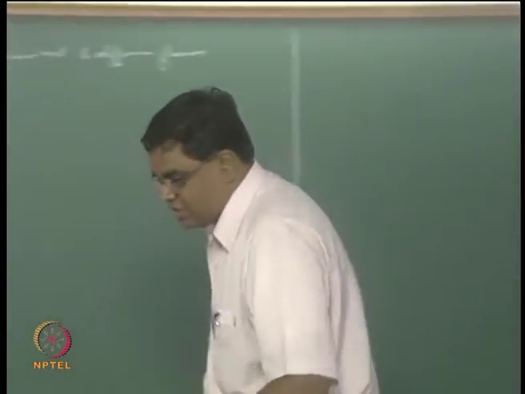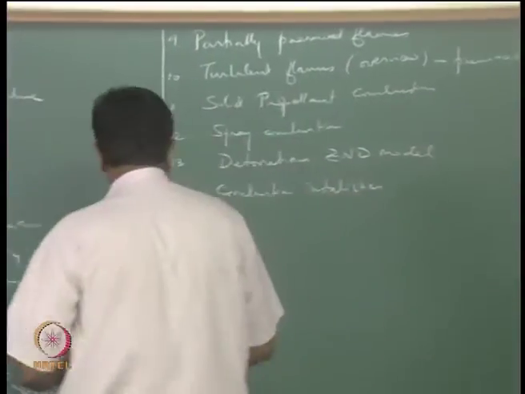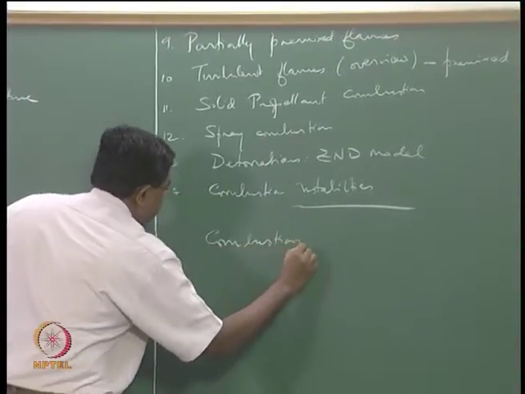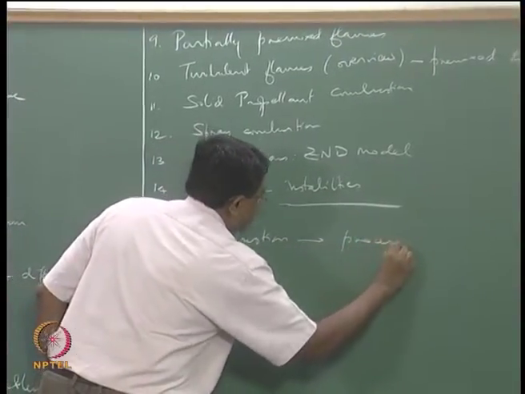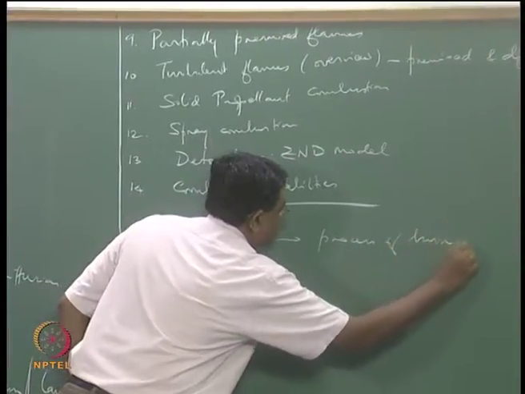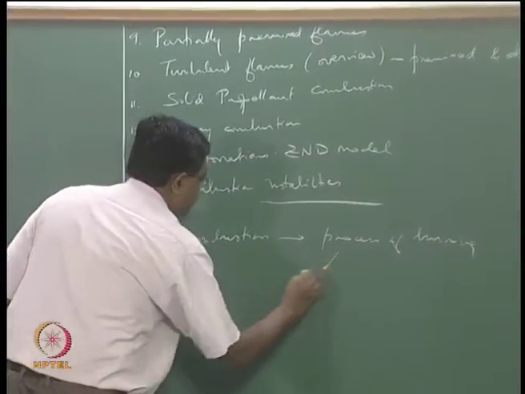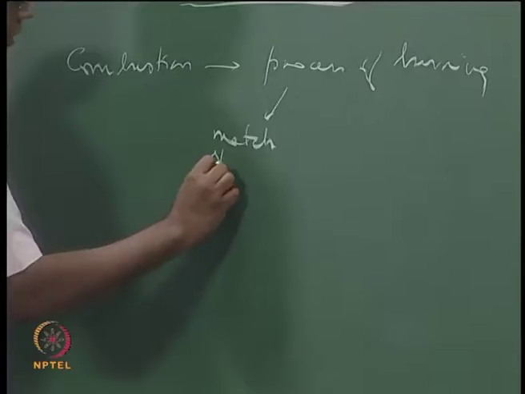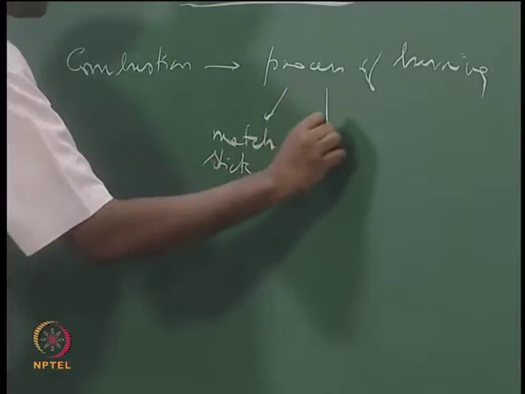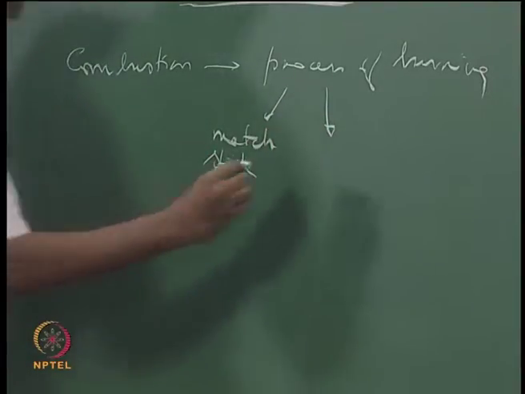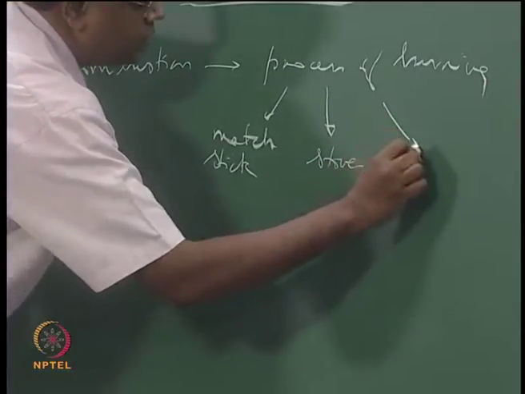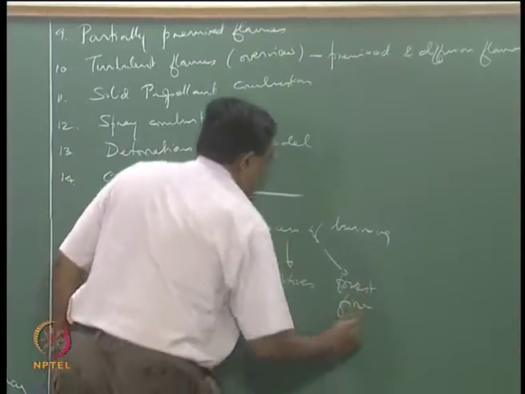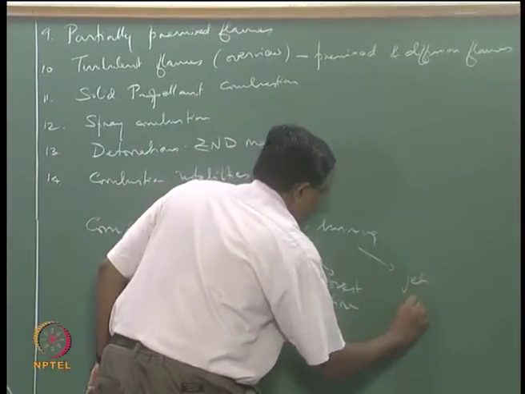Okay, so let's start listing these things. So combustion is the process of burning. Examples: matchstick, stoves, forest fire, and jet engines.